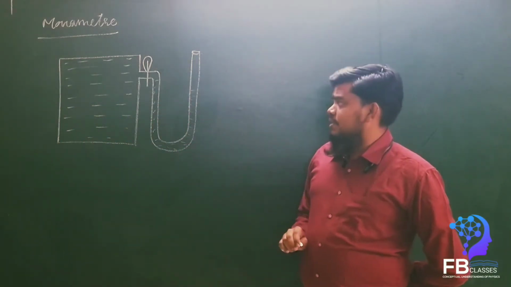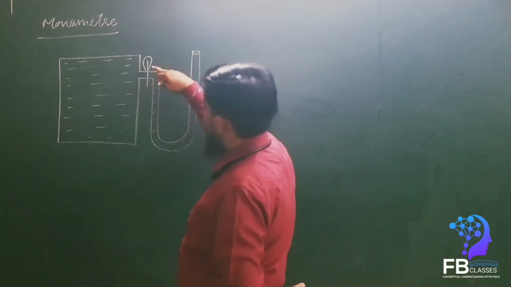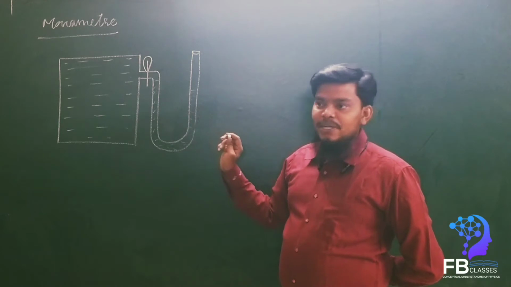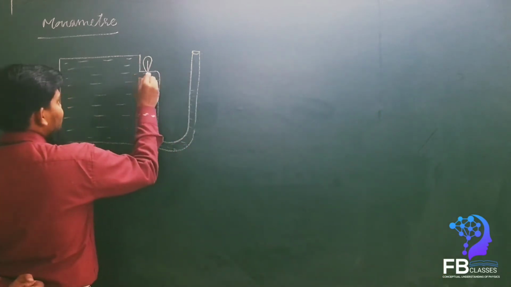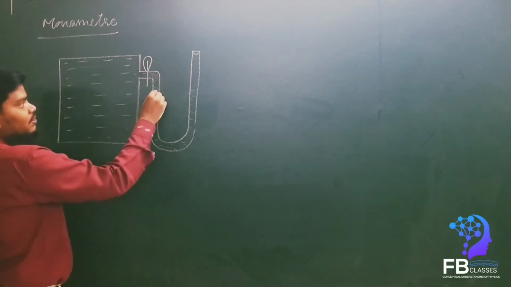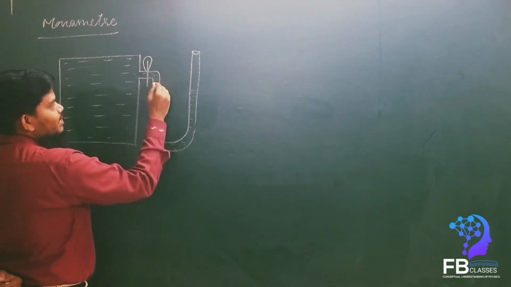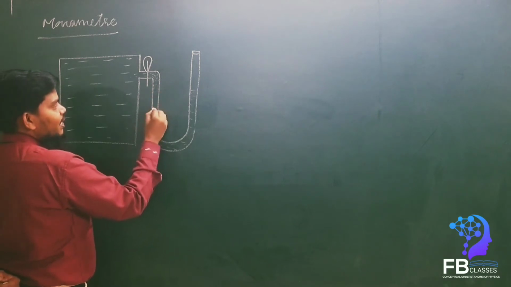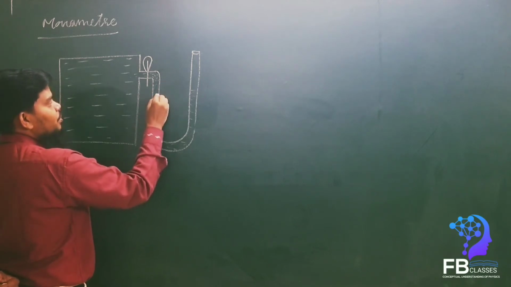Let's know what will happen here. Once we remove this stopper, the gas comes out from the cylinder and makes a pressure on the mercury column. Let's consider the gas comes up to here.